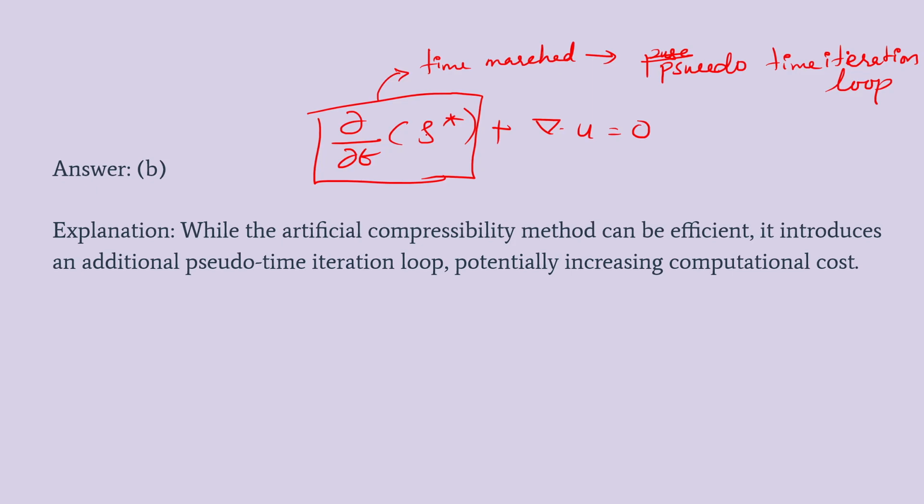When it becomes steady, this time derivative becomes zero. So we have to time march it to a steady state. Then the other loop, the outer loop, will be running. So we have to run two loops of iterations, which essentially adds up to the computational cost. So our answer is option B.